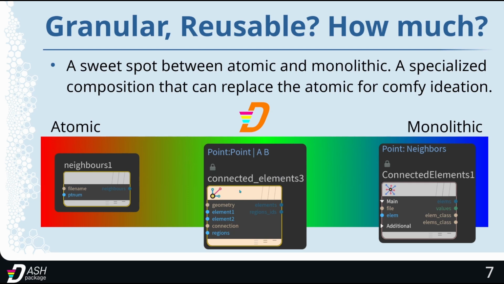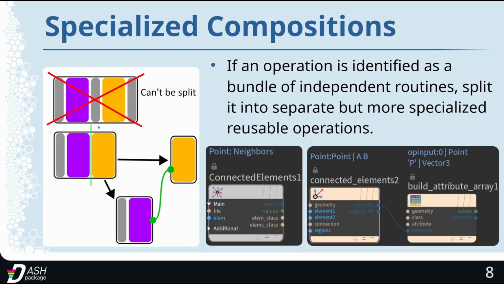So in the sense that whenever I identify that maybe there's an operation that is kind of two operations in one, and if it makes sense, if both of them are reusable, I should just split them into two operations and then connect them.